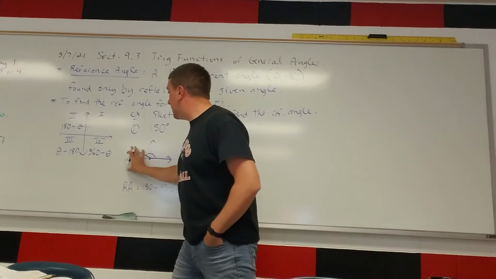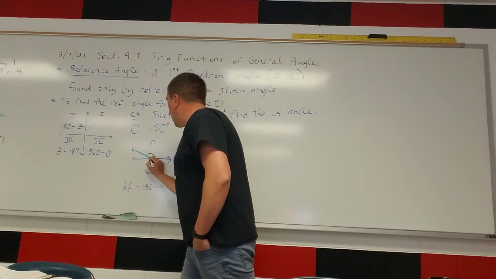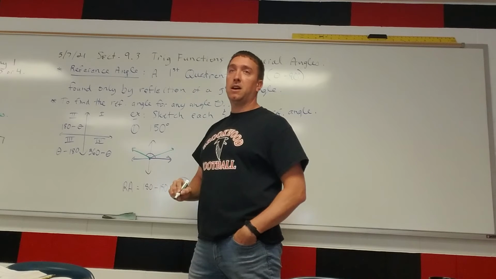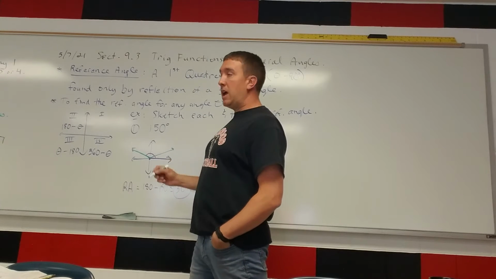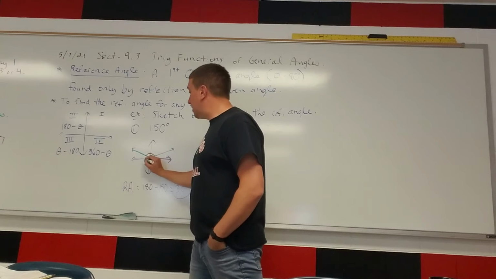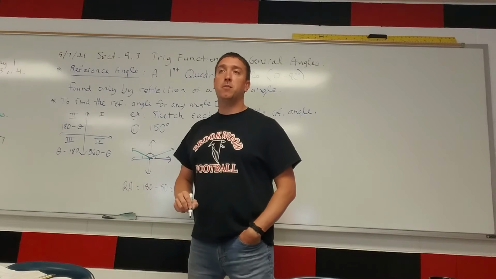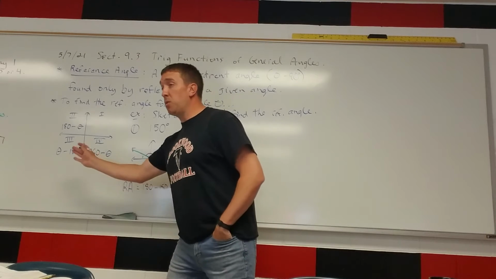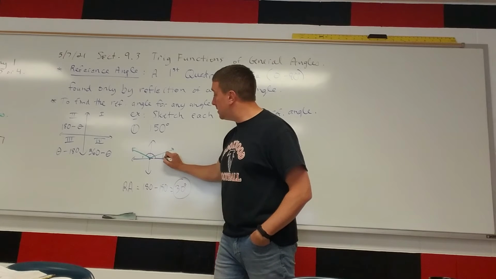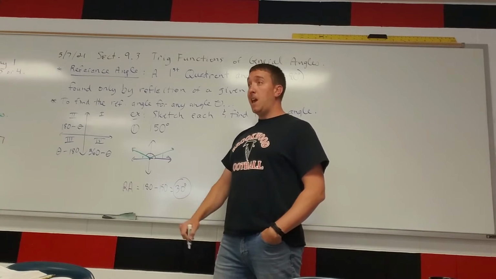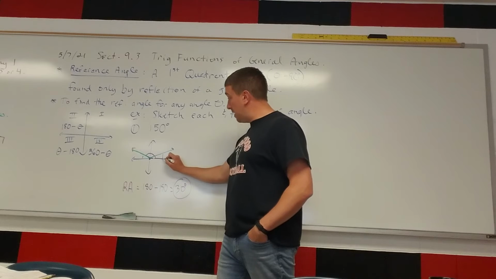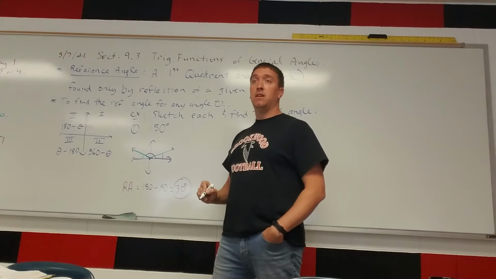So if you just take this and you reflect it into the first quadrant, isn't it going to look like that? It was a 150-degree angle, which meant it was only 30 degrees up from the x-axis, right? So when you reflect this back into the first quadrant, it's still 30 degrees up, right? And when you reflect it into the first quadrant, isn't that the angle you measure? Yeah.